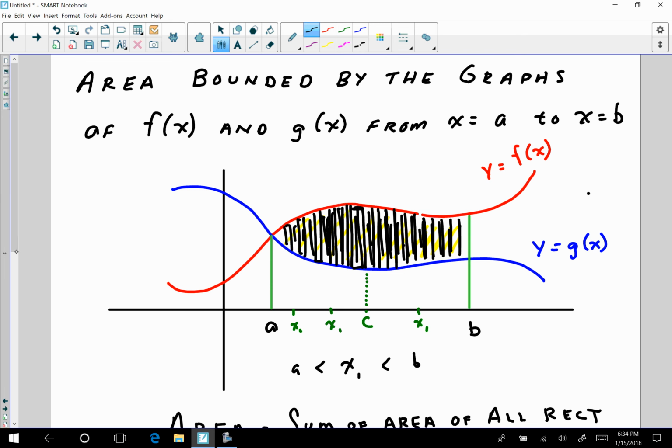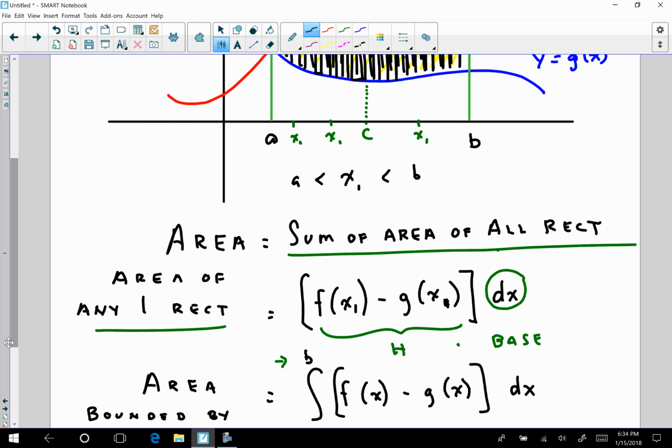And again, I'm going to find the area of one rectangle first, which is going to be f of x sub 1 minus g of x sub 1 times delta x, which is height times the base. We use delta x because we're not using a little itty-bitty skinny rectangle yet, because we're only looking at one.